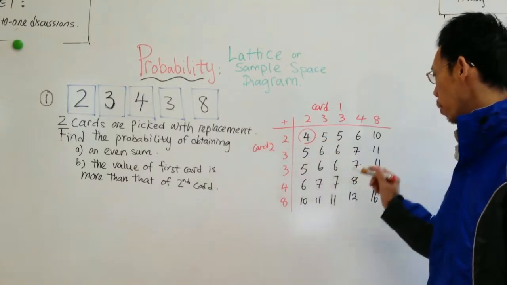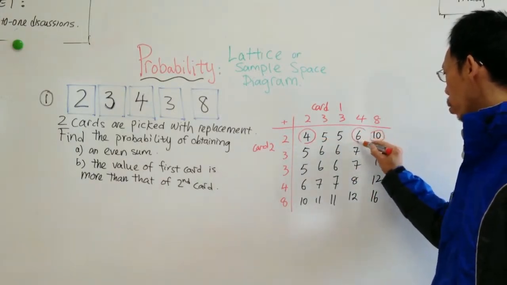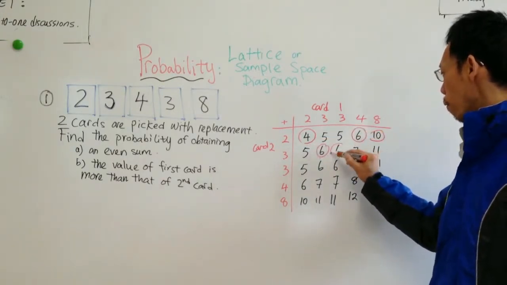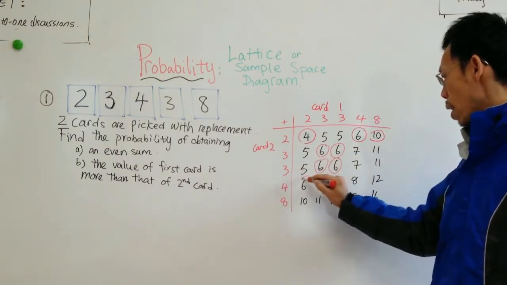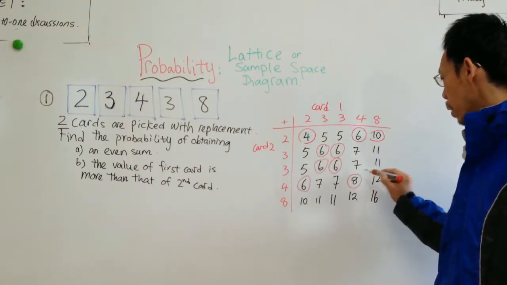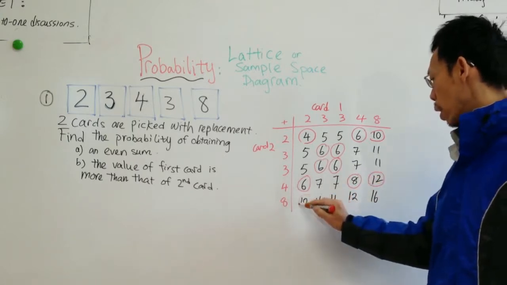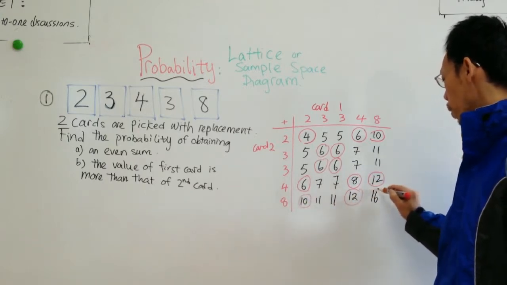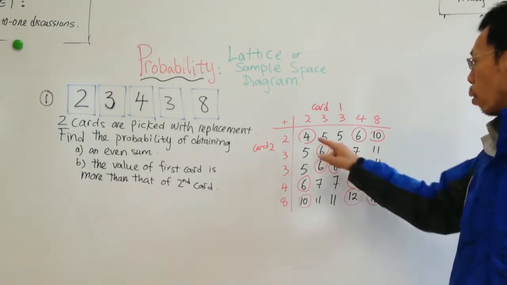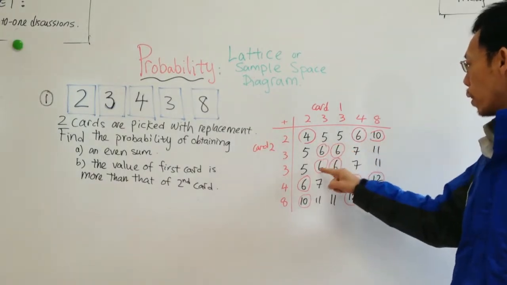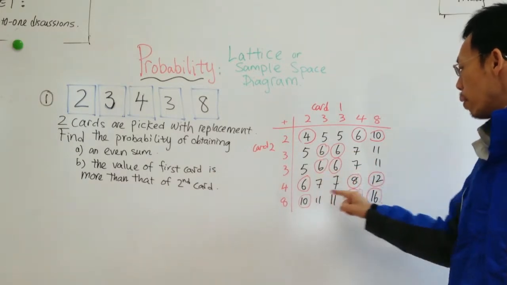Well, that's 1, 2, 3, 4, 5, 6, 7, 8, 9, 10, 11, 12, 13. Right, let's make sure that we get everything. Count again. 1, 2, 3, 4, 5, 6, 7, 8, 9, 10, 11, 12, 13.